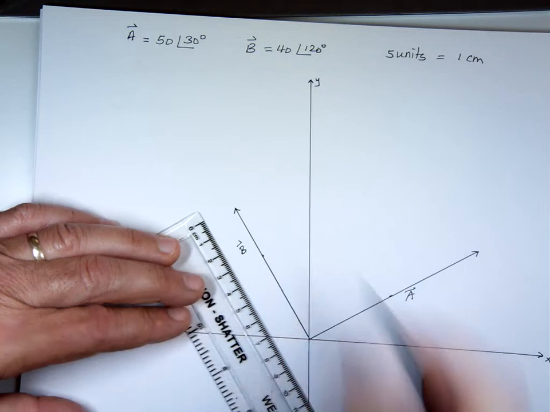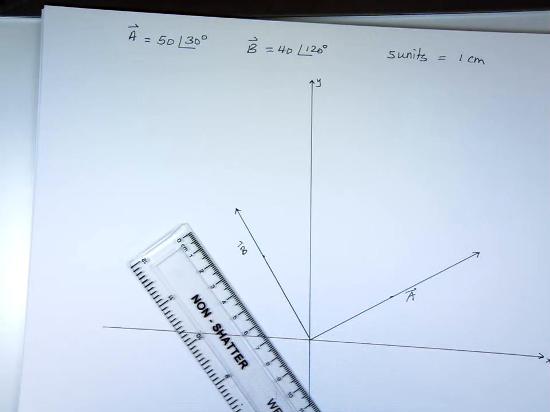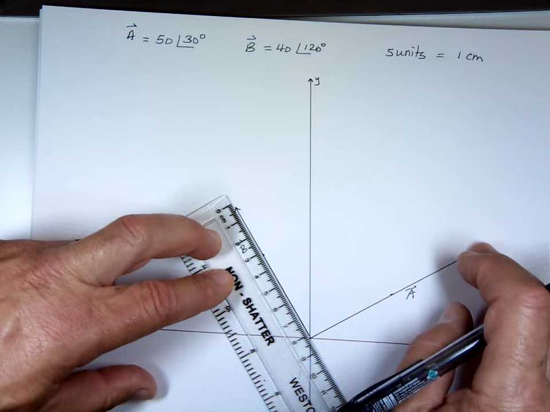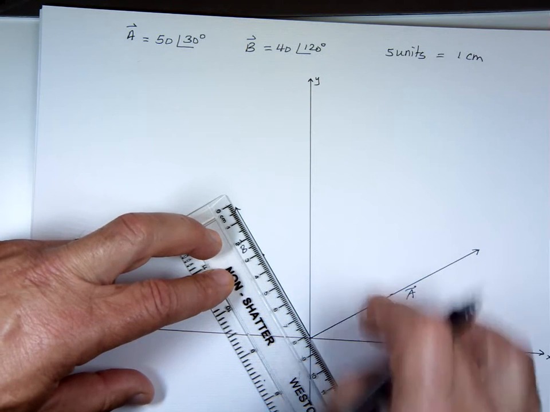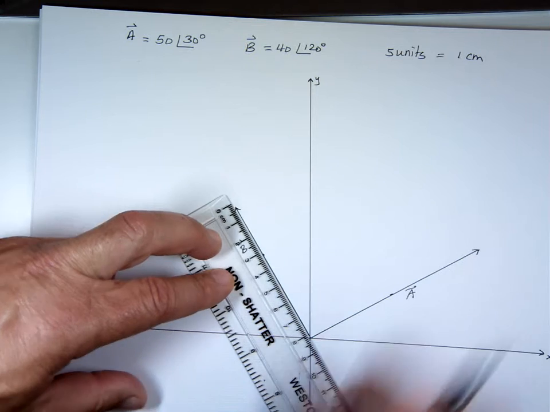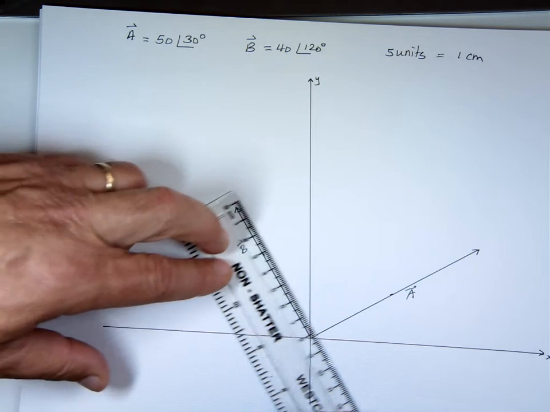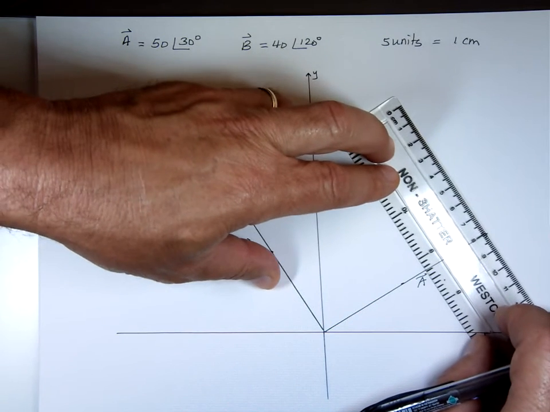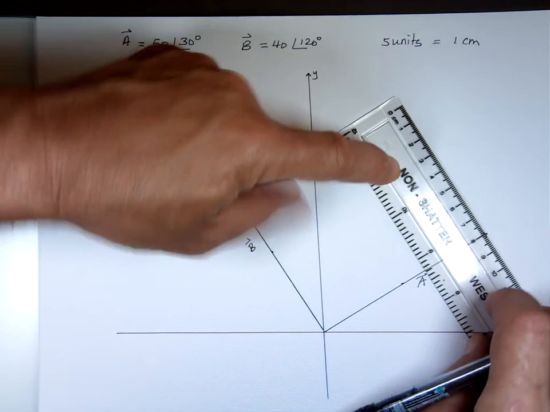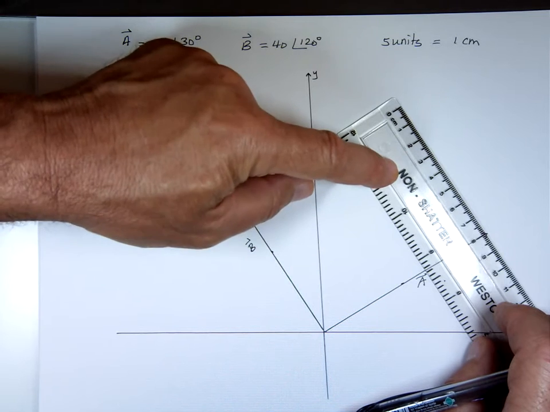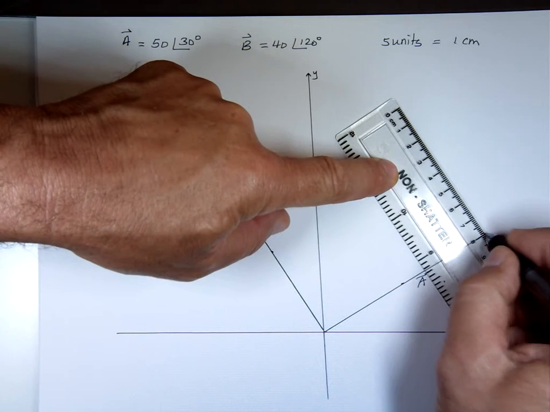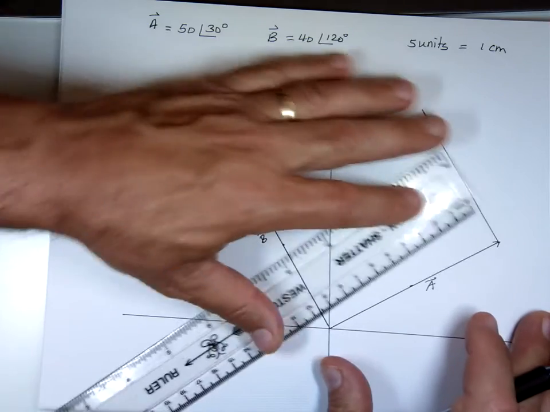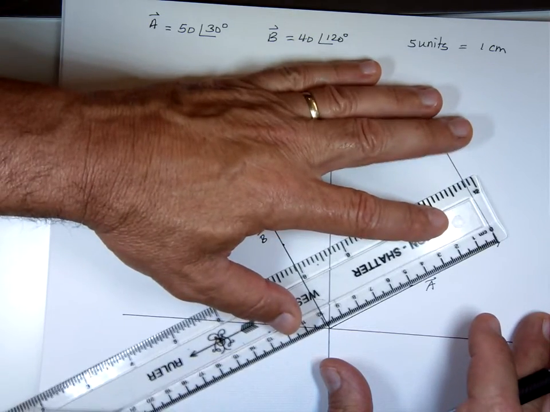And to find the result now, what you want to do is make a parallelogram. What's a parallelogram? This side is parallel to that, this is parallel to this. So I take my ruler and I slide it upward. Hopefully I don't change it. Does that look parallel to that? That's why I don't like this method. And I've got to do one parallel to this, 10 centimeters long if I go up there.